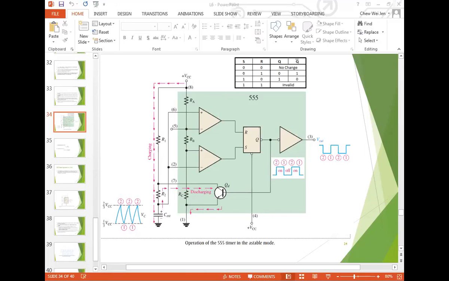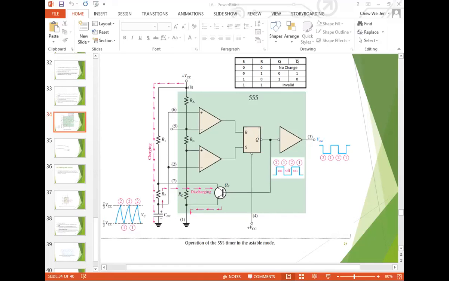Now, do you still remember for a capacitor, how is your charging time related to the resistance and capacitance value? Remember the time constant? It equals RC, something that sounds like that.